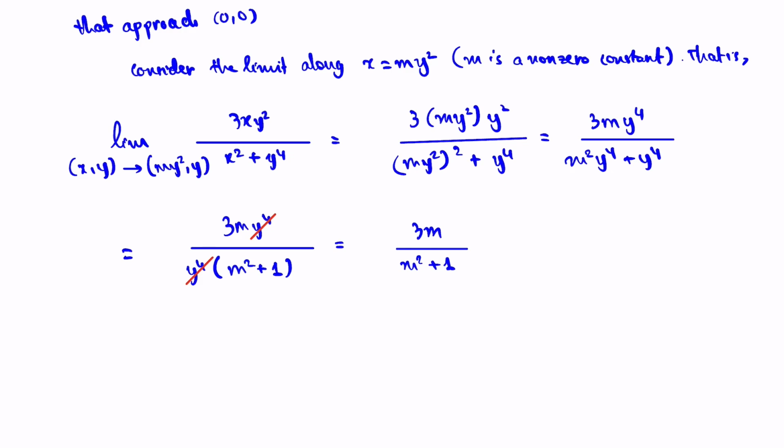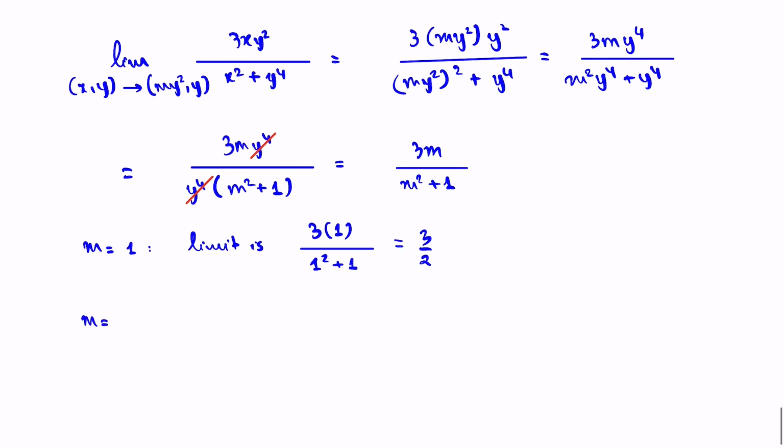When you arrive at this answer, you may wonder what we can do with this to show that the limit does not exist. Remember, the limit of the function must exist along all the paths that approach (0, 0). So this is one of the paths, for m a non-zero constant. When m is equal to 1, the limit is 3 times 1 divided by 1 squared plus 1, which is 3/2.